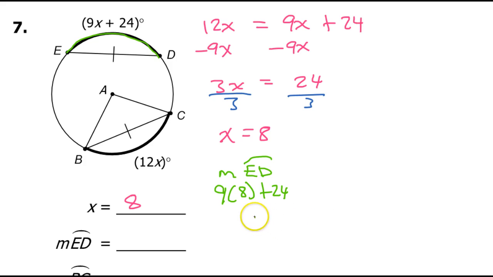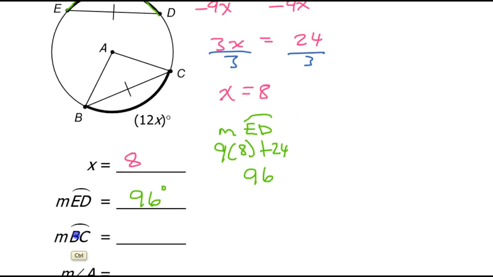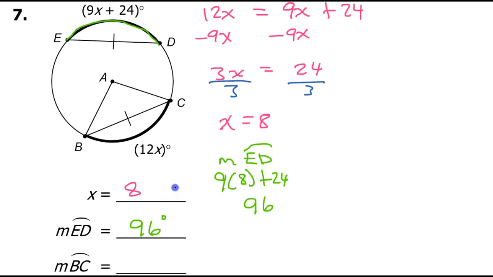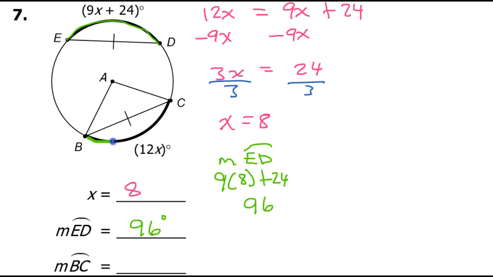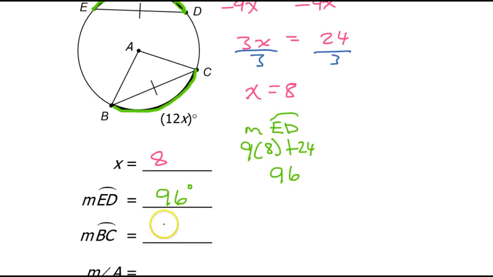That is 96. What's next? Measure of arc BC. Well, the measure of arc BC is the arc that we know to be congruent to arc ED. So if arc ED is 96, then arc BC is also going to be 96.